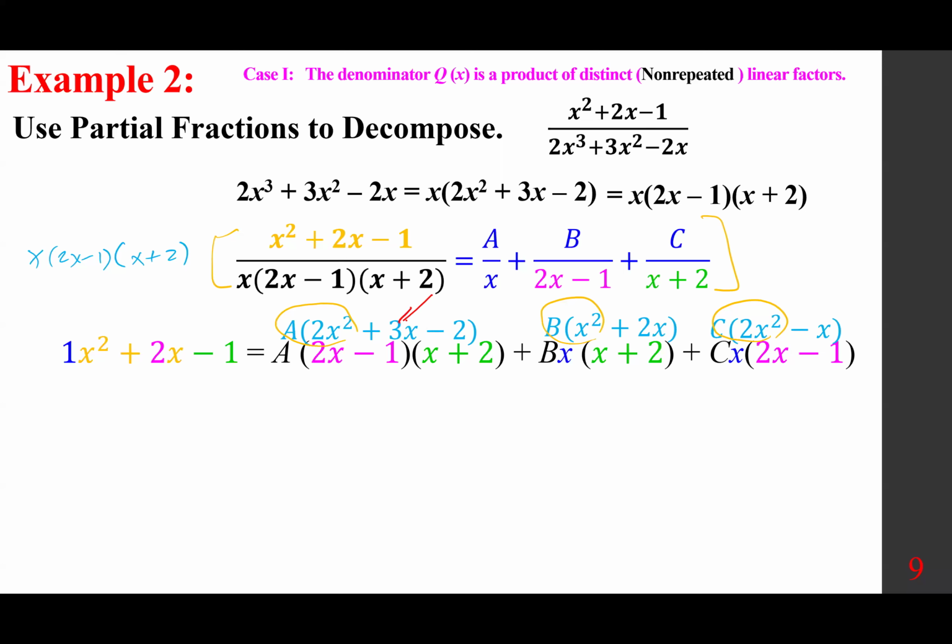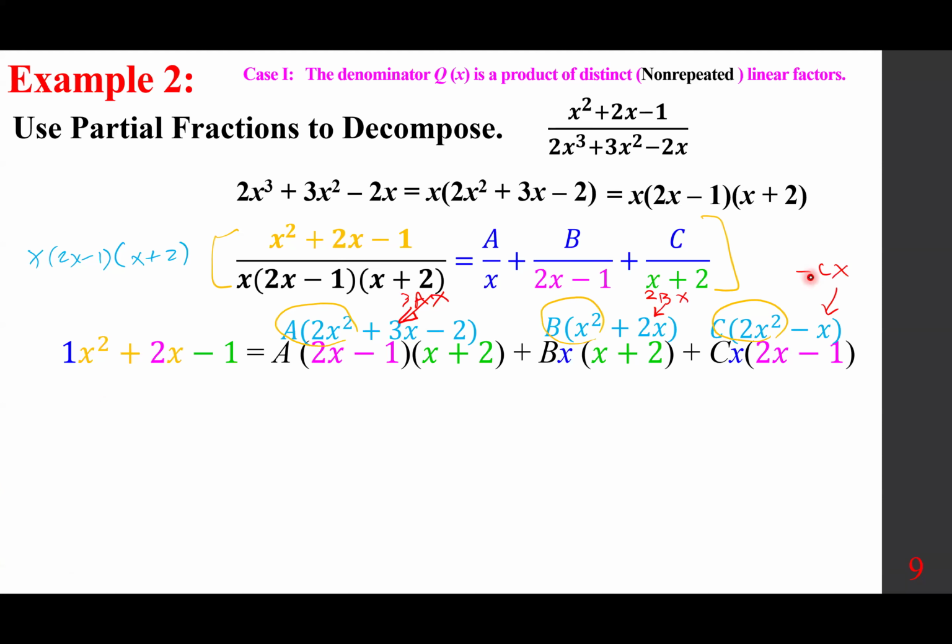This one involves x. That means 3ax. This one involves x. That means 2bx. This one involves x. That means minus cx. So that means x times 3a plus 2b minus c.